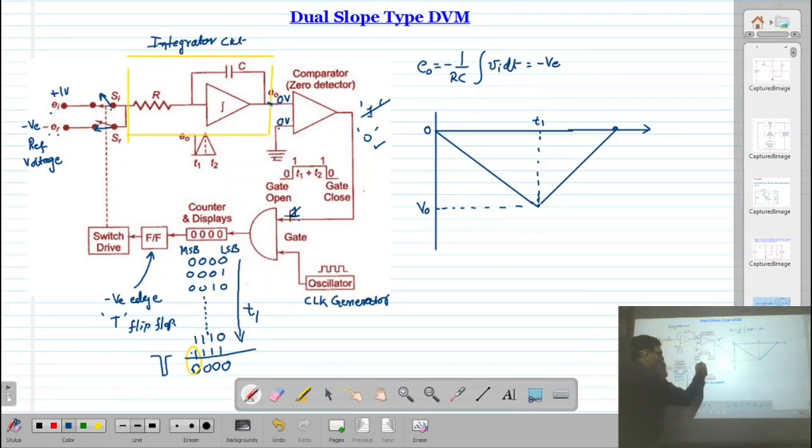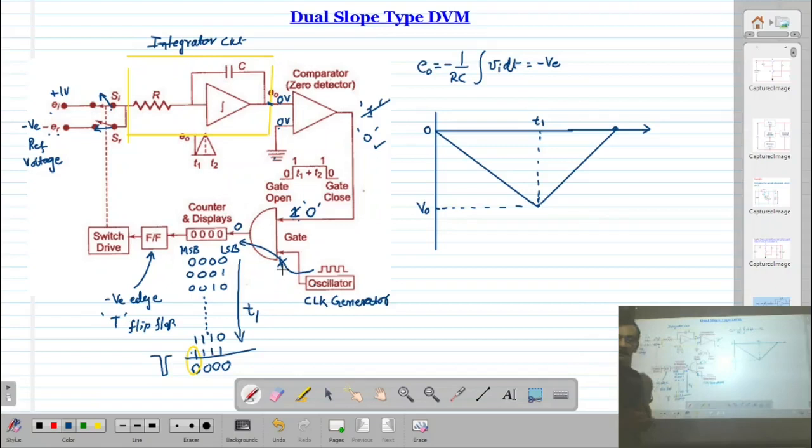So here instead of 1, now the gate input is 0. And in an AND gate you already know that when one of the inputs is 0, the output will also be 0. This means the clock pulses cannot pass through this gate.